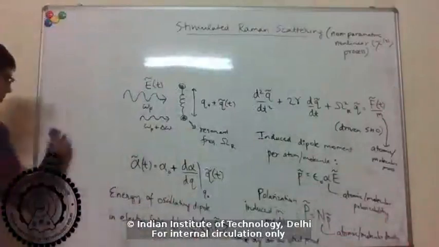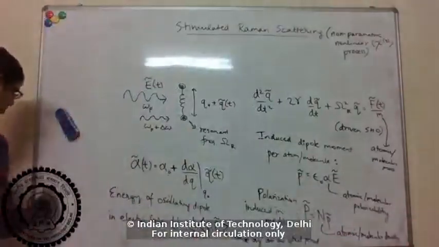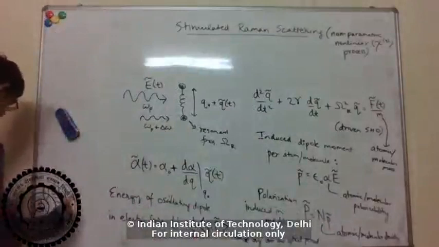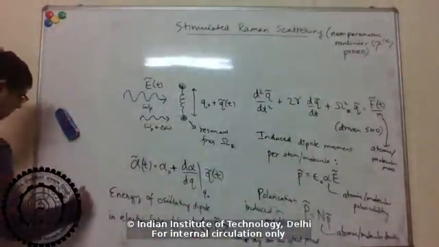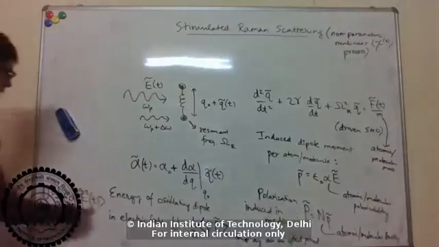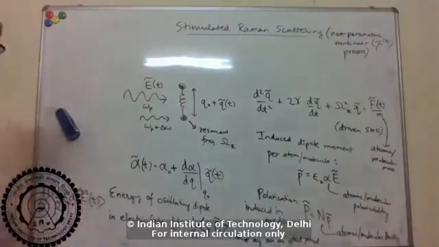Hopefully you can see this. So I can write U as, basically, it now depends on E square.